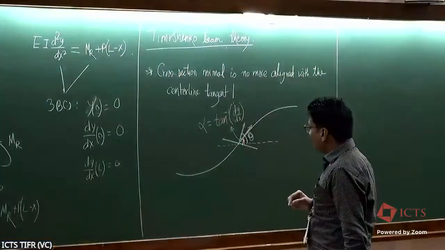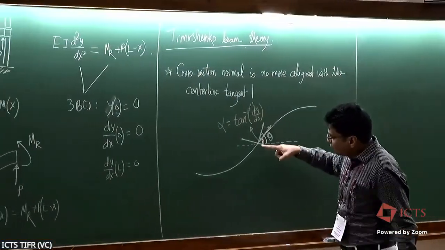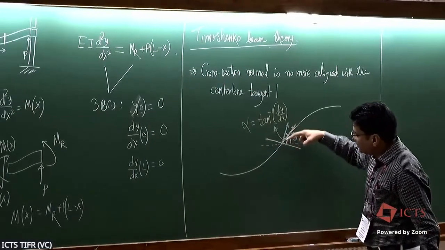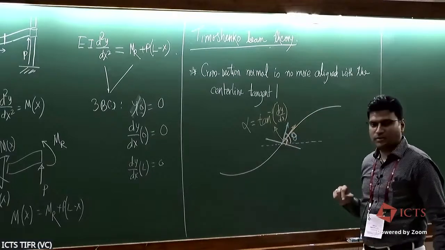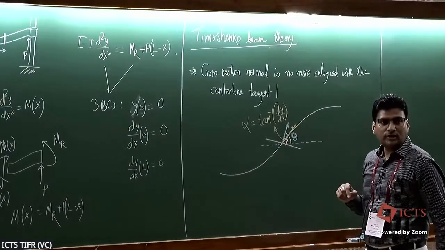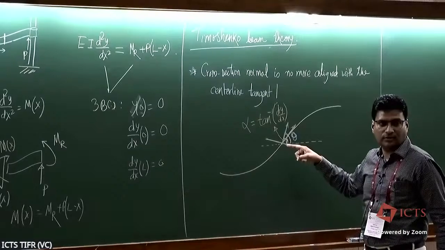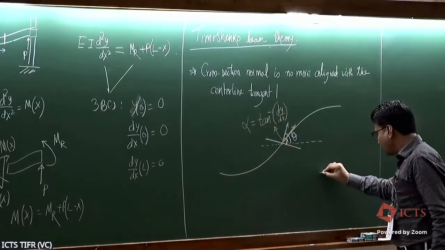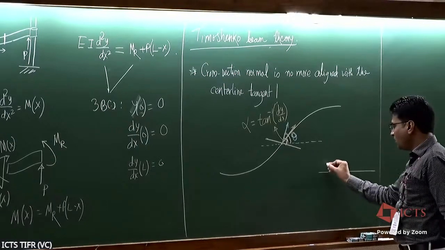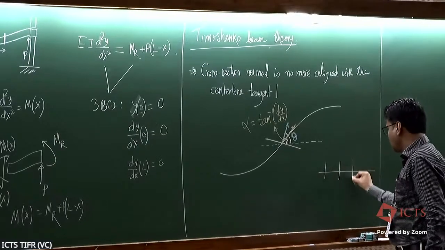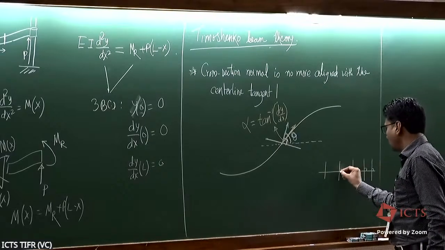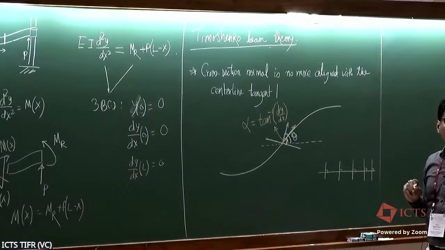Now see, originally the angle between the cross-section normal and the centerline tangent, which is the orange line here, was 90 degrees. In the reference configuration, your beam was like this, and the cross-sections were perpendicular to the centerline.